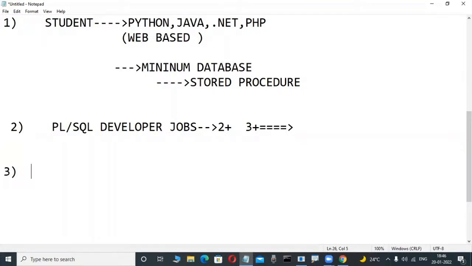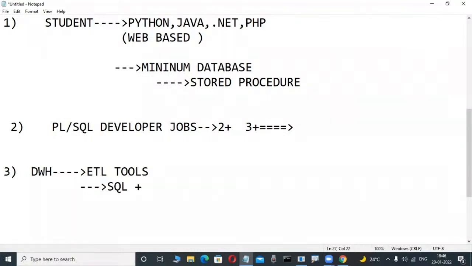In that case, one type of job is there: data warehousing technologies. In that, ETL programmers and reporting programmers are there. Extraction, transformation and loading, ETL tools. These persons need a little bit of SQL knowledge. PLSQL is not required, just SQL knowledge and having an idea.